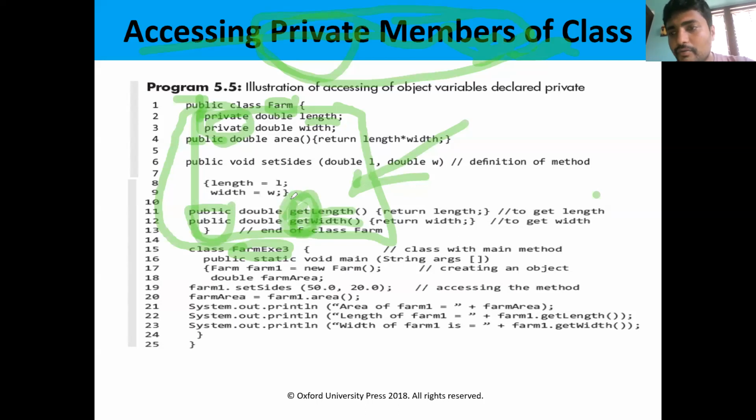In the util package, we have some definitions, the set methods and get methods. Here by using the get methods, we can access the private members, get length, get width. If the area is also declared as private, we use get area.